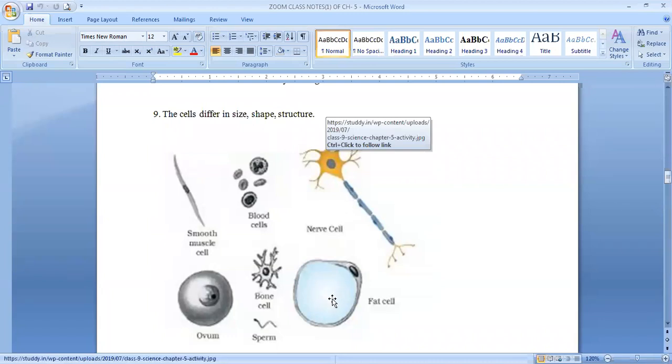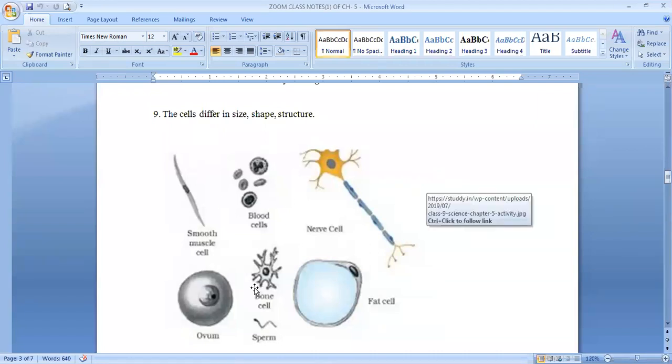Now, the cells in your body which store fat are oval shaped. Your bone cells are again star shaped. Sperms, which are known as the male gametes, are the smallest cells of the body, right? And the ovum, which is the female gamete, is oval shaped, or you can say round shaped. So you can say that there are different types of cells in your body and in different living organisms, right?